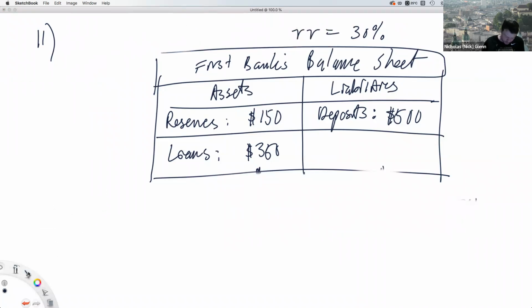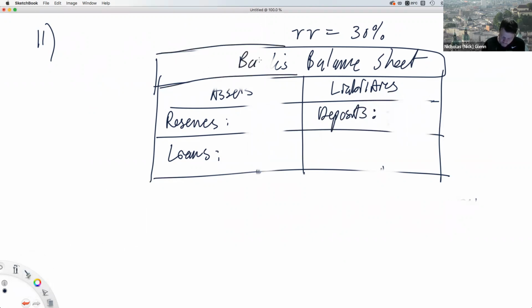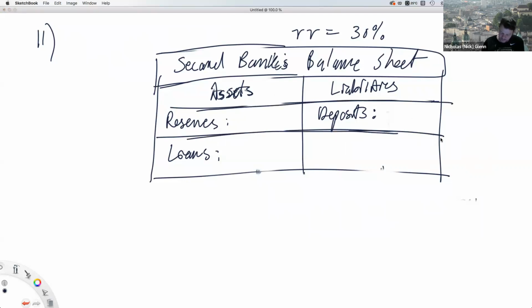Second Bank's balance sheet will be defined here. And so this person, they're going to deposit the whole $350. So now Second Bank has $350 in deposits.